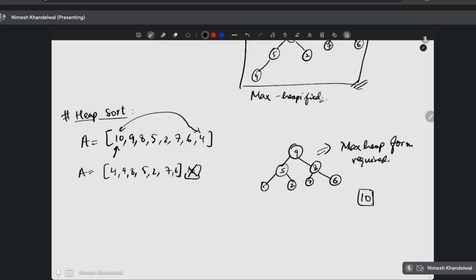So it will be replaced by 5, and now it's all good, right? So now what will we do? Now the max heap is 9, 5, 8, 4, 2.